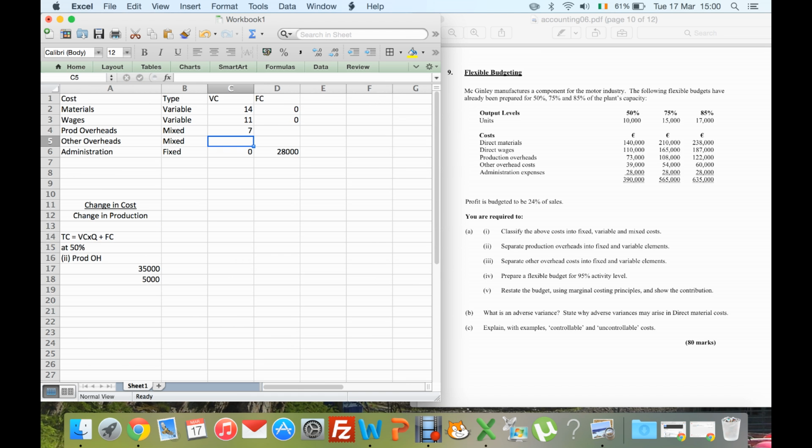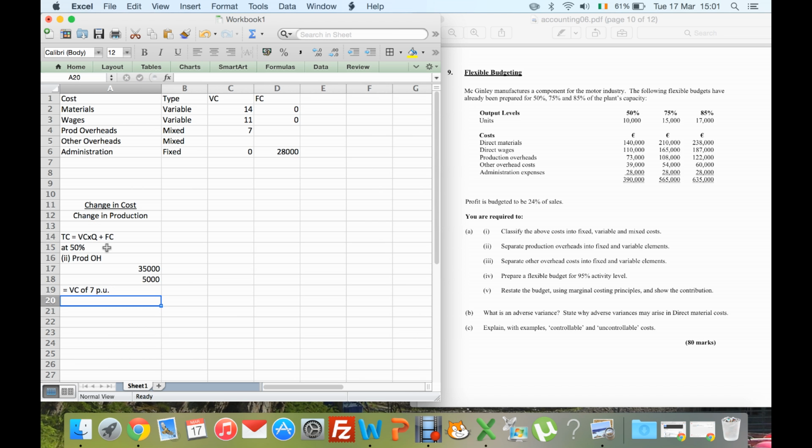So 7 per unit. Put it into the formula here to see what is left, what is the fixed cost.